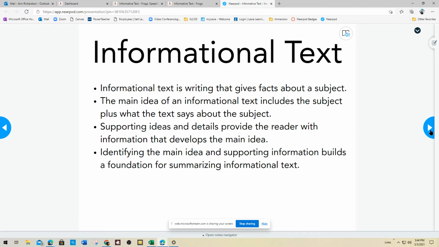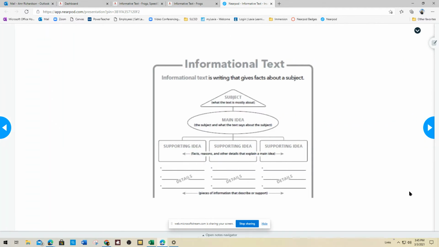So in the case of the frogs, it actually separates it out into 3 different kinds of frogs. And then identifying the main idea and supporting information builds a foundation for summarizing informational text. So this is just using your ability to spot the main idea and the supporting information to be able to actually condense what you're writing because you need to write less. All right, let's go to the next one.